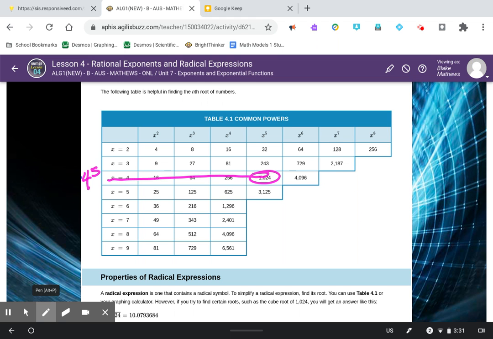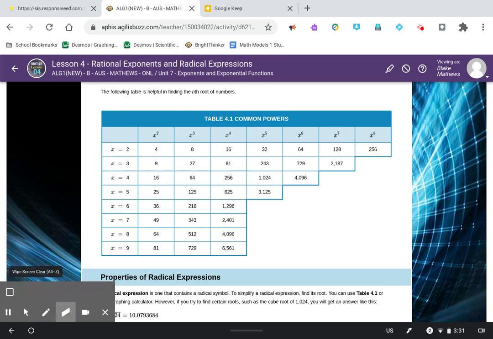And so this is telling you to find the number and its power, and then line it up, and that shows you what that number would be. So 4 to the 5th power gives me 1024. The reason they give you this table is that you're going to need this as you go to work out these expressions.